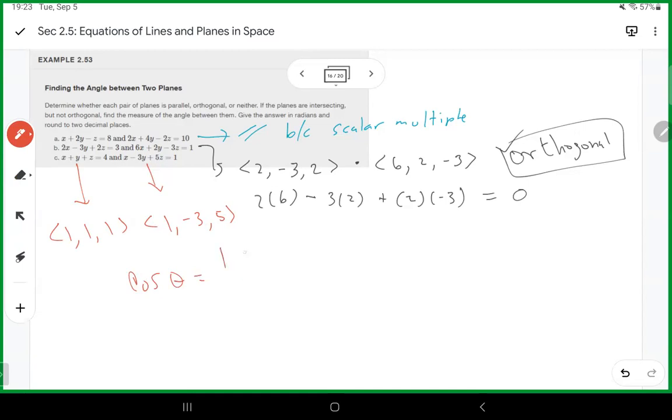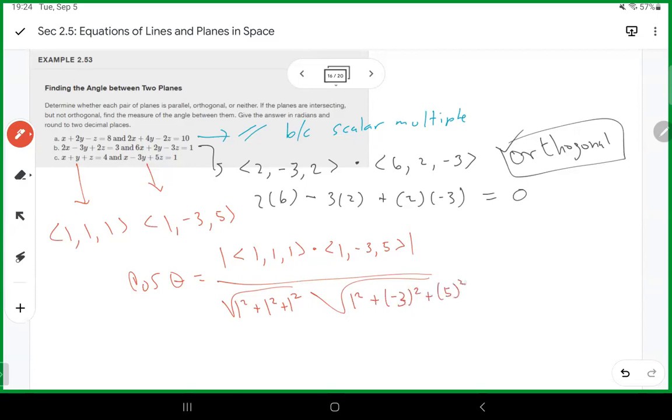And you can look up the formulas if you need to. Just trying to save us some time. Okay, so that works out to be 3 over the radical 105.